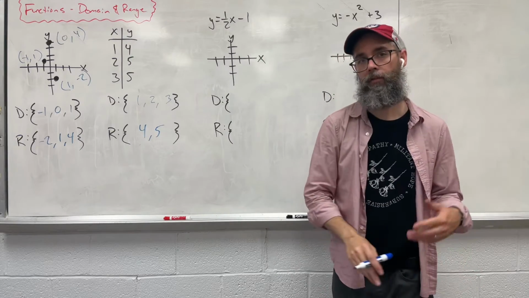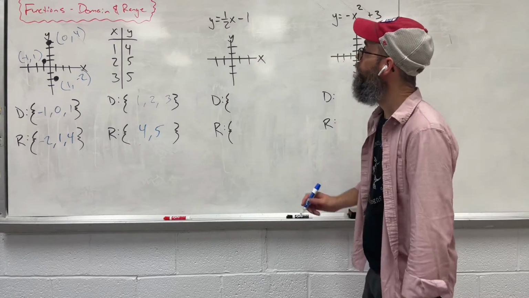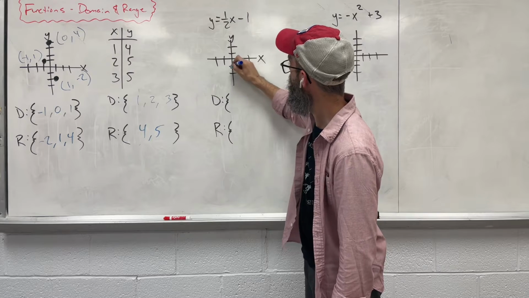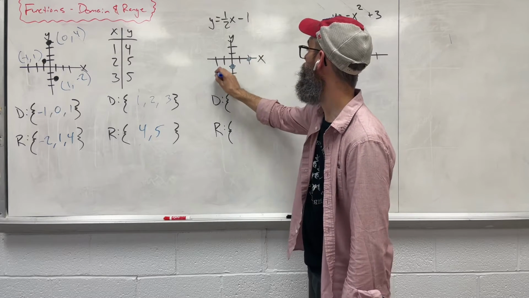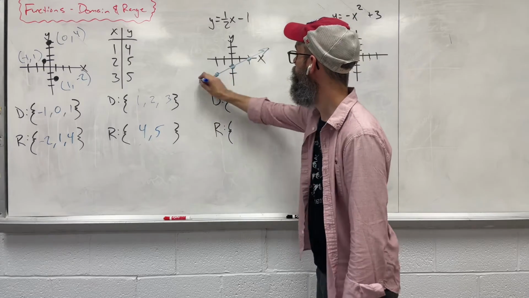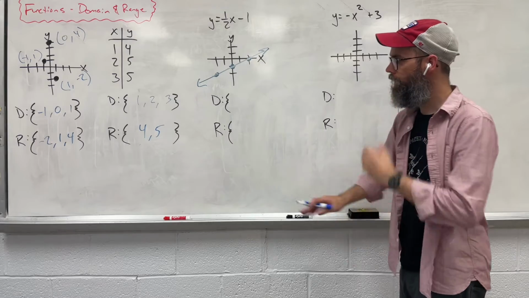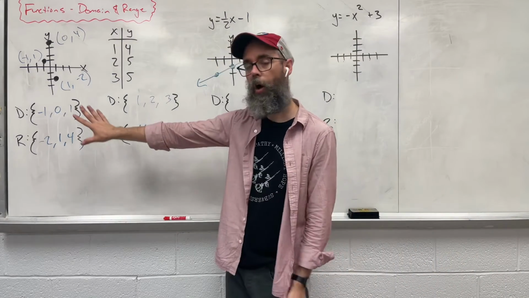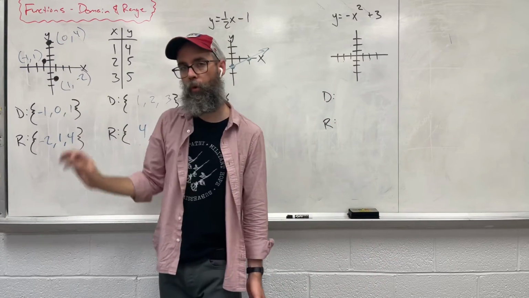Sometimes we have an equation. Those equations we can graph. So if I were to graph that, I get my y-intercept negative 1. I go up 1, over 2, down and back. So I have that line. Now, the difference between this problem and these two discrete problems: a discrete is just a series of coordinates.